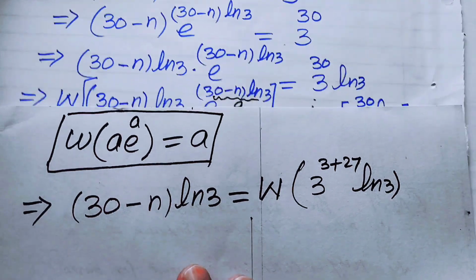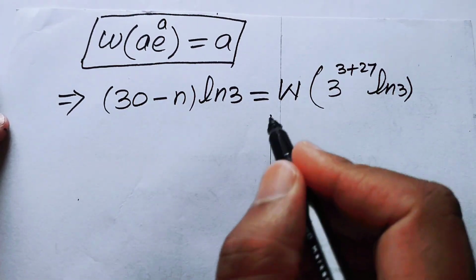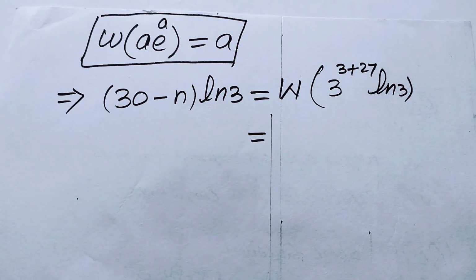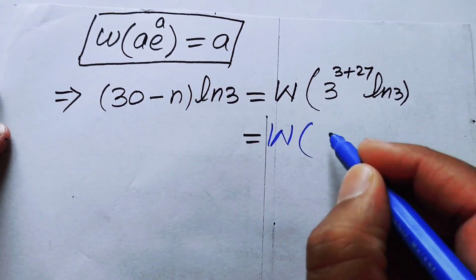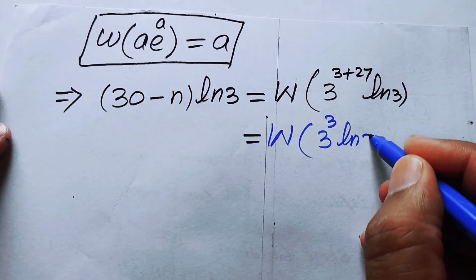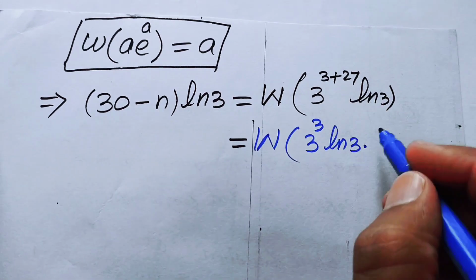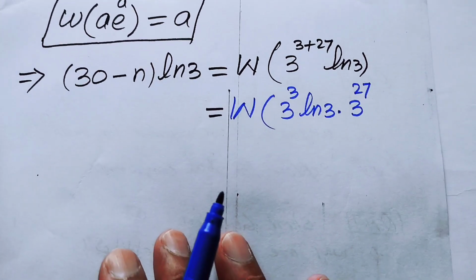Now we can break this exponent on the right-hand side, and you get W of 3 to the power of 3 times log 3 times 3 to the power of 27.